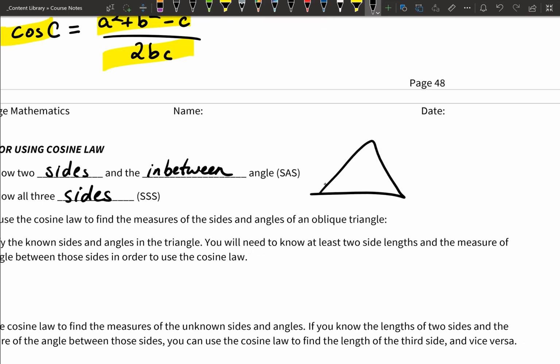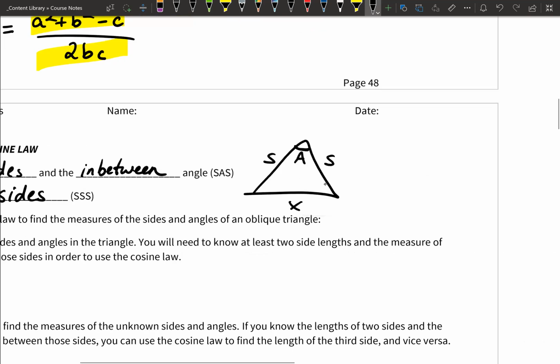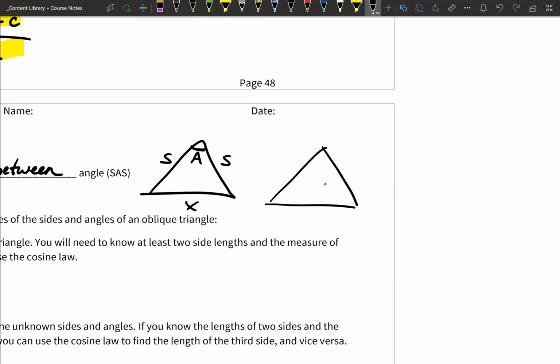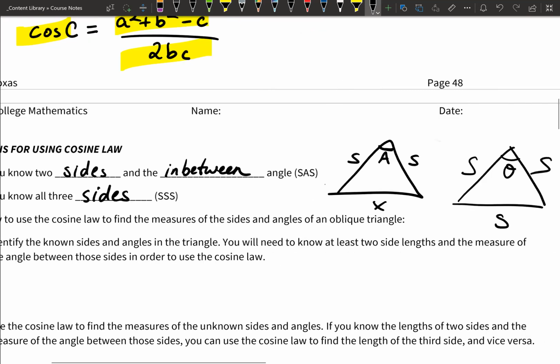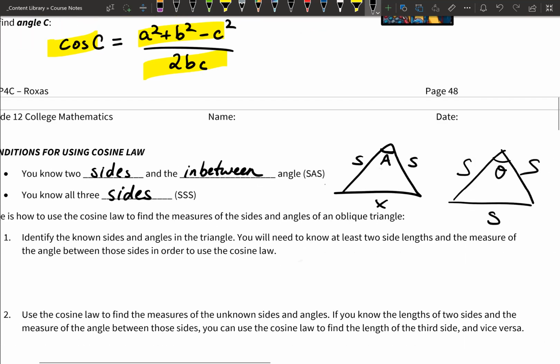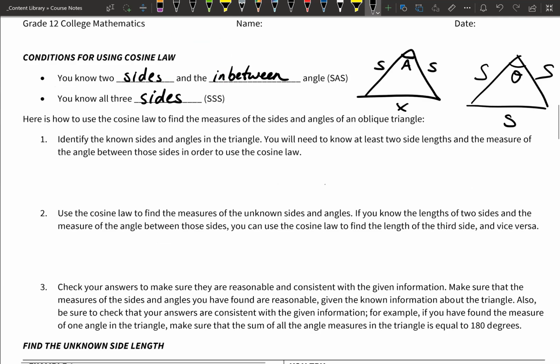So I have a triangle, I know a side, I know a side, and I know the angle in between. And then maybe I'm finding the opposite side there, right? Or maybe I have a triangle where I know all 3 sides, and perhaps I'm finding an angle. And that's where the cosine law is very useful. And the cosine law would be used instead of the sine law.